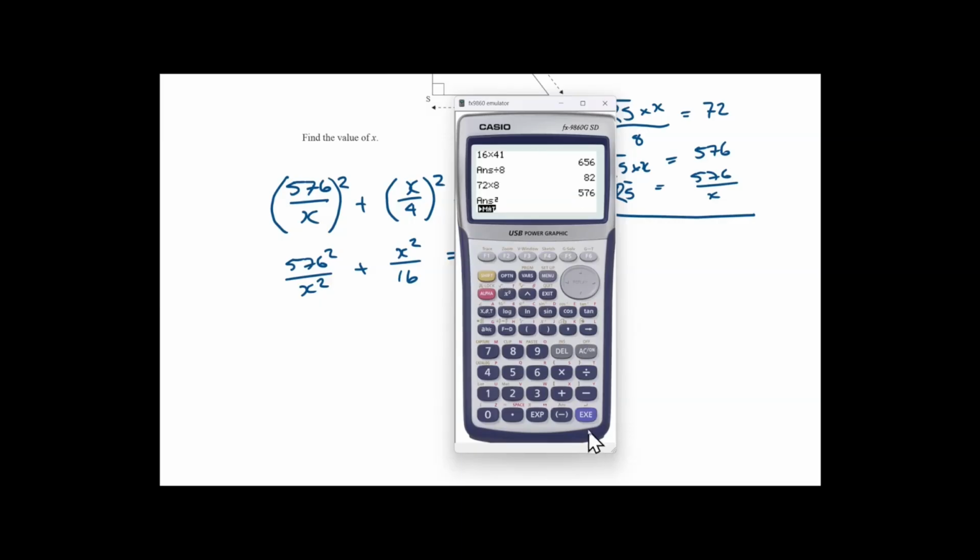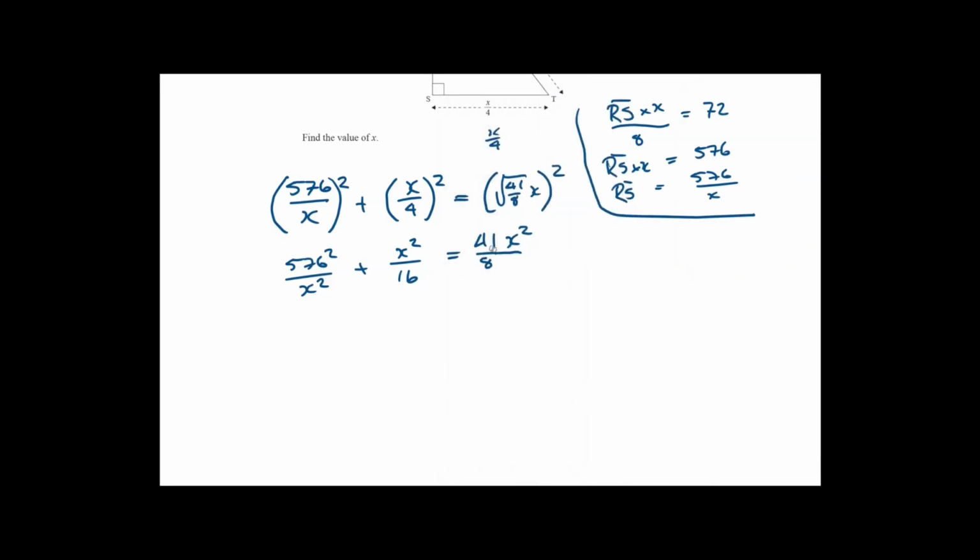Okay, now this 576 squared bit, let's find out what that is. So 576 squared is this huge number, 331,776. It could get really, really, really messy right now. We could have all sorts of ugly things going on.